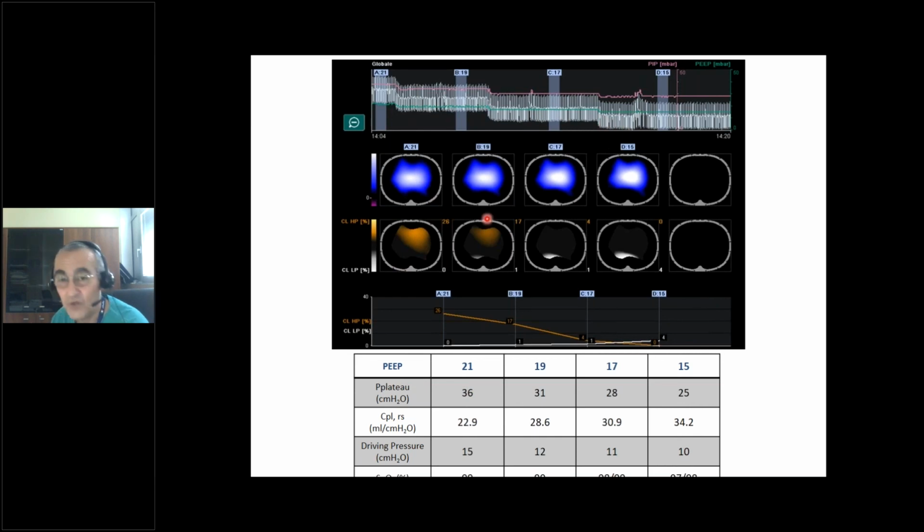The software is capable of distinguishing between over-distension of the lung and de-recruitment. So you can select the PEEP level that promotes the lowest value of over-distension, with a good compromise in terms of de-recruitment. In this case, a PEEP level around this one.